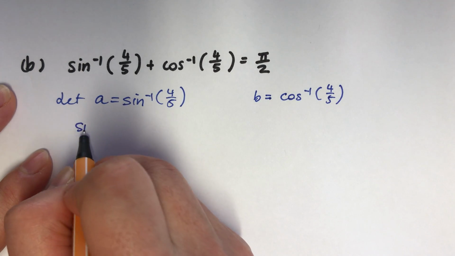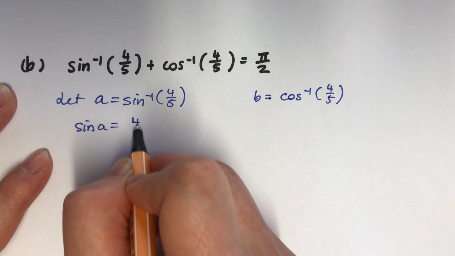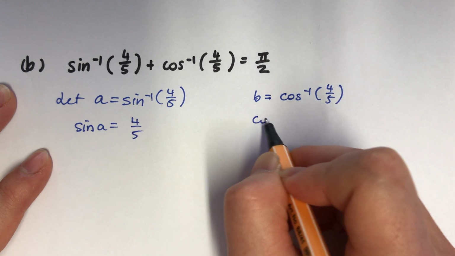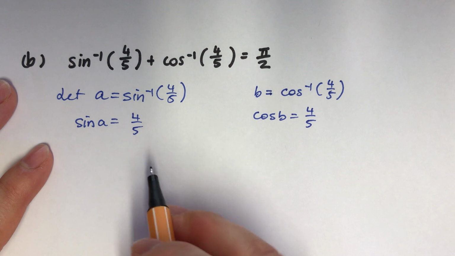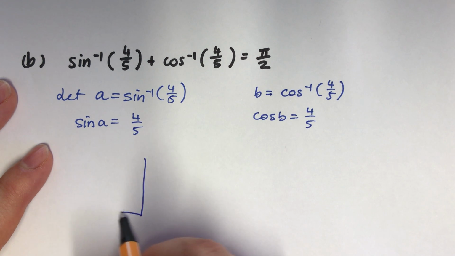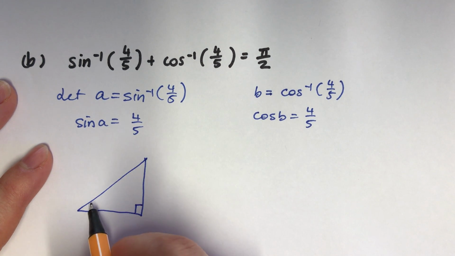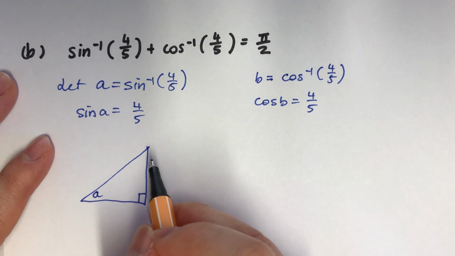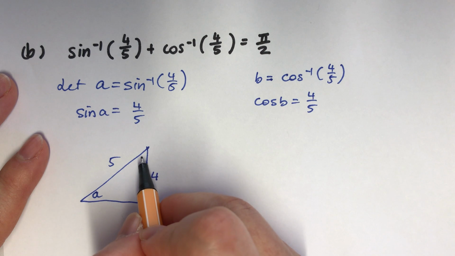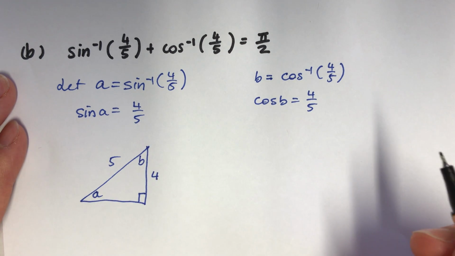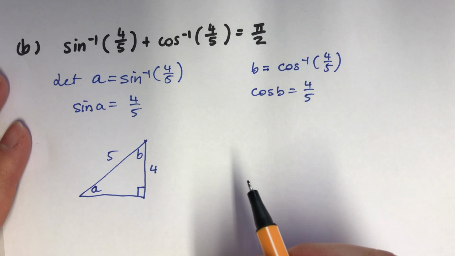So I can write sine a equals 4 over 5, cos b equals 4 over 5. Okay, and I'm just going to sketch a right angle triangle right now with a. So it'll be 5 over 4. If I do that, it'll be b here. Okay, the other way around.